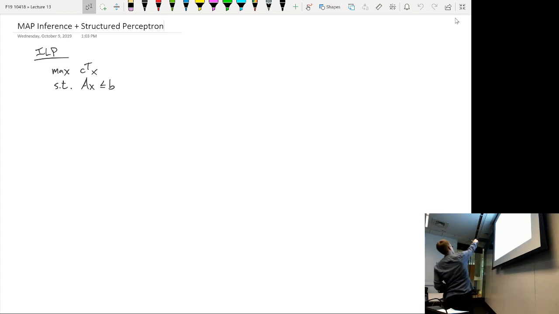This is the linear part. And then we have each of our x_i for all i greater than or equal to 0, and lastly that x_i is integer.